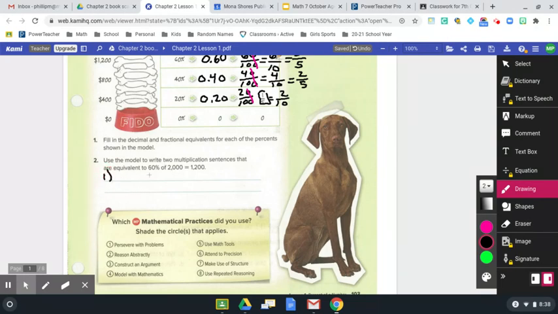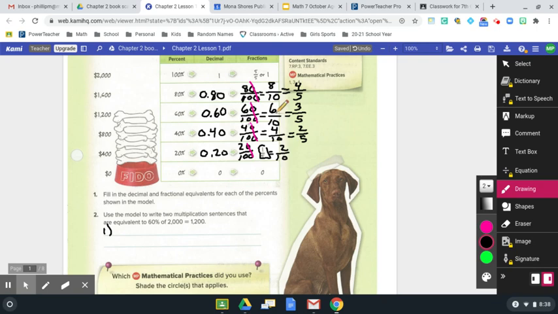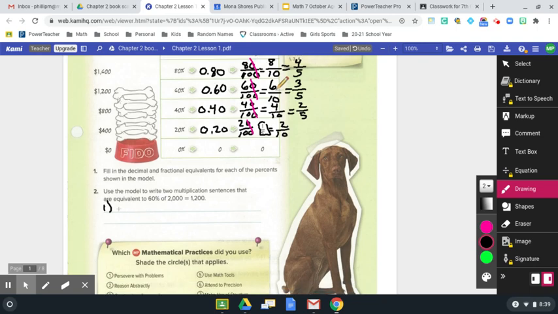So one of the ways that we can do it is 60% of 2,000. So if I come back up, 60% is always out of 100%. Your percentages are always out of 100. So I'm going to start with 60 over 100. Now, let me use yellow here. If you remember what the word of means, think about that. What math operation does of, that keyword, indicate?